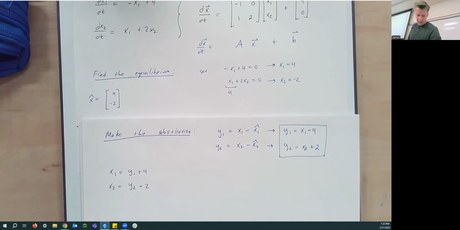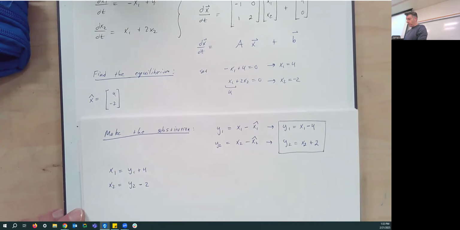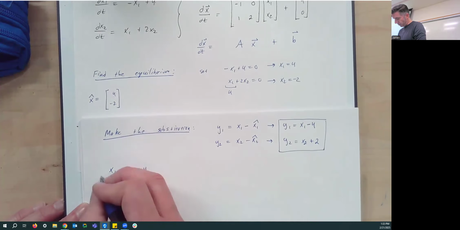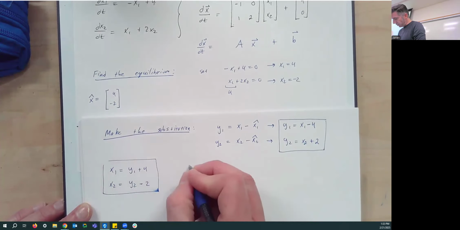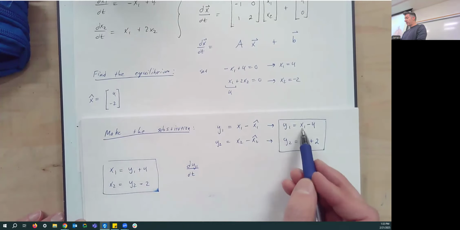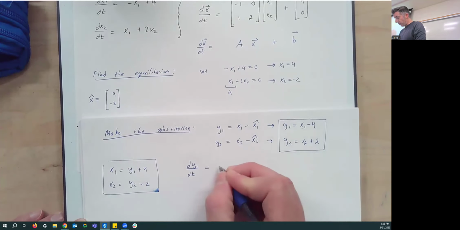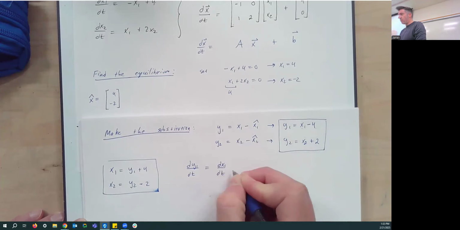Okay, I get it. So here's what we're going to do now: take the derivative of y1 and y2. The derivative of y1 with respect to t: y1 is equal to x1 minus 4, so differentiating, we get the derivative of x1 minus the derivative of 4, which is 0.